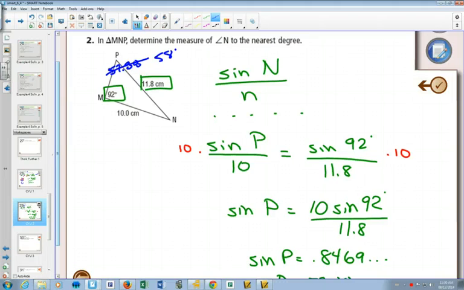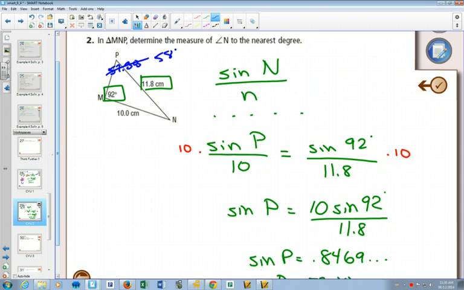So now that that's 58 degrees, now can you find angle n? Yes. If you wanted to find angle n, what would you use? Your newfound 58. How does that help us? Right. All three angles in a triangle add up to 180, right?